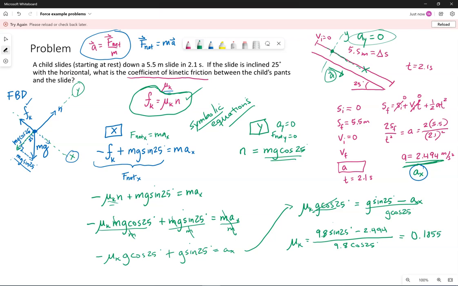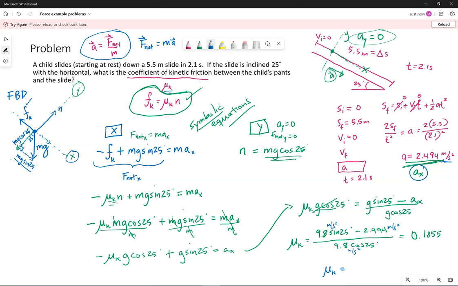Now units: g has units of meters per second squared. Our acceleration has units of meters per second squared. So we're getting meters per second squared over meters per second squared. So there are no units, which you might have remembered from talking before.